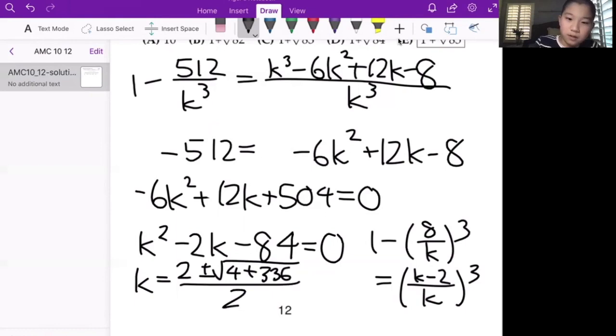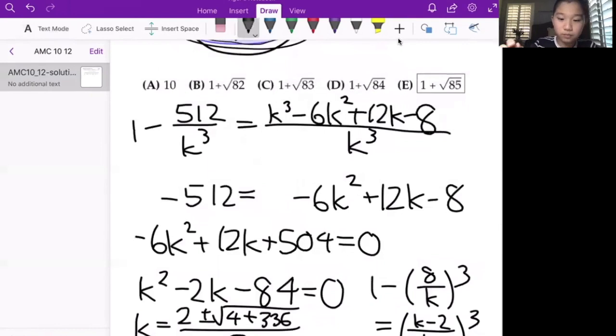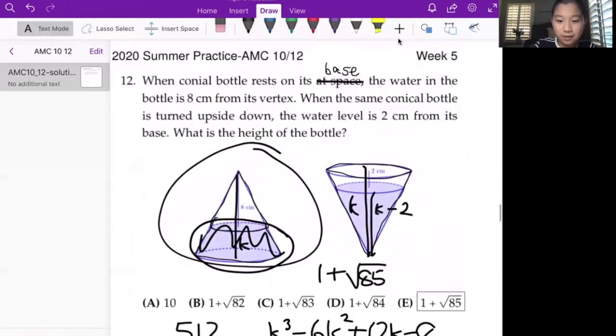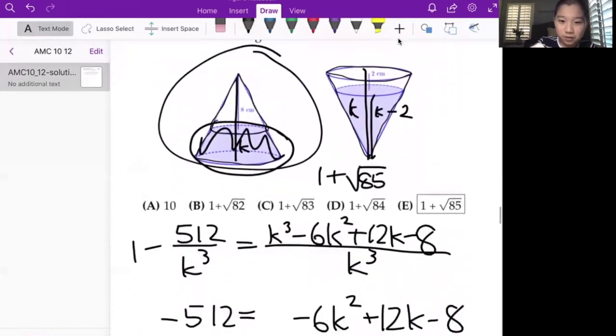So we have to use the plus because the minus case will give a negative. So we're left with 1 plus the square root of 85. So then that's k. So that's what we want, the height of the bottle.